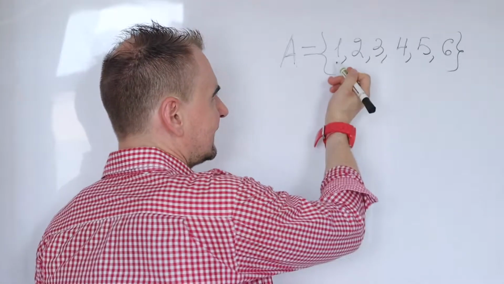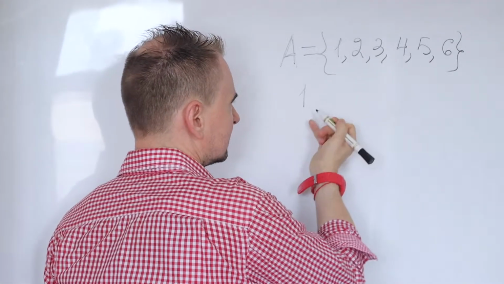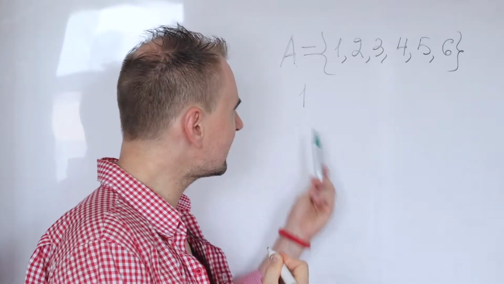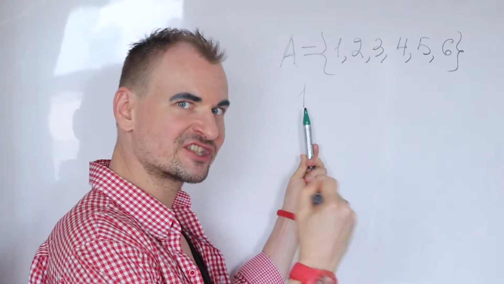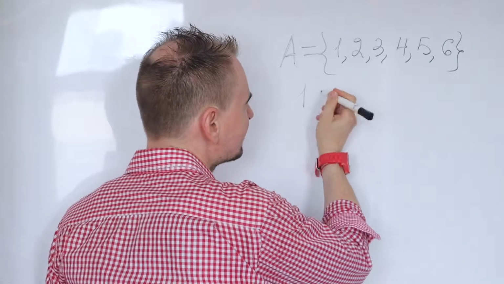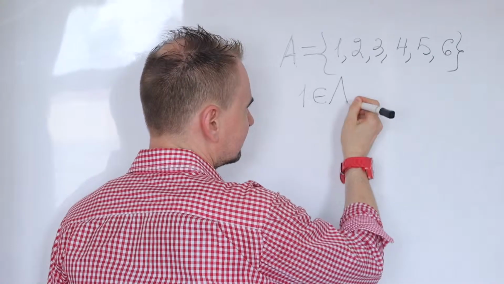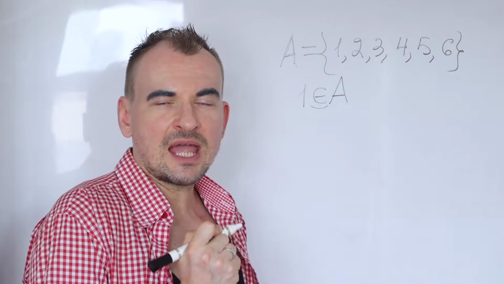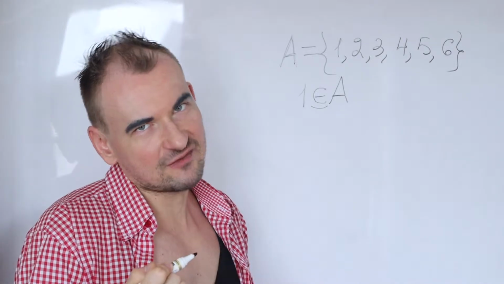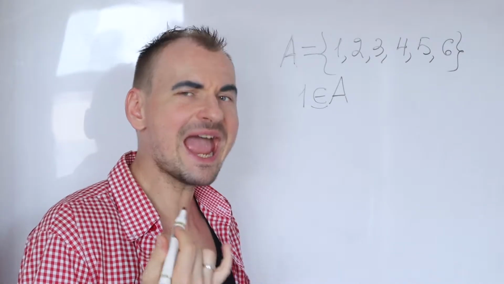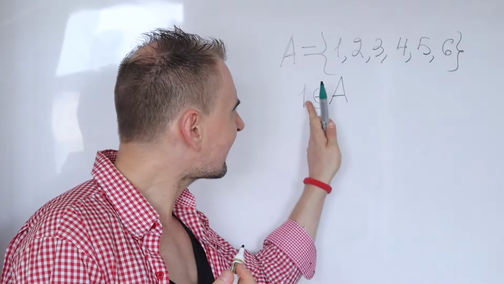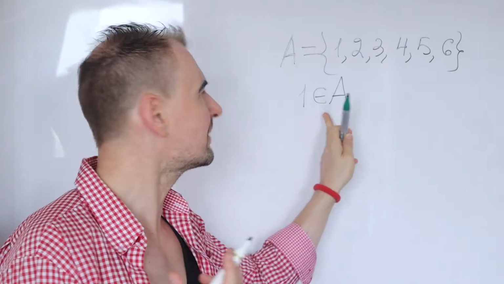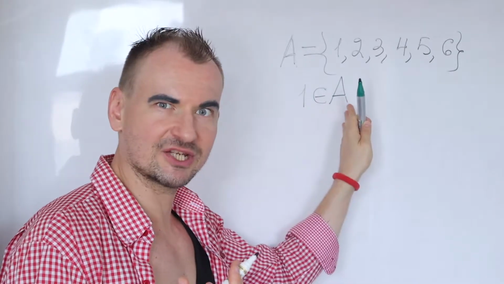You write that element 1 is in a set A, or in other words, element 1 belongs to a set A. It's written this way, and this symbol is basically a letter from the Greek alphabet, epsilon, that indicates this relationship between an element and a set.